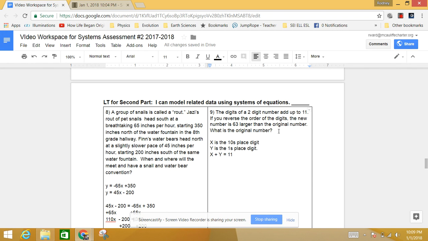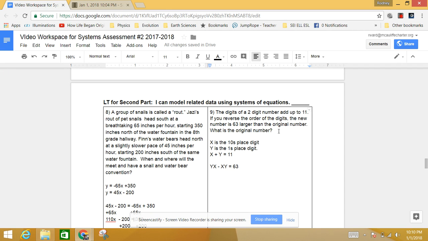Well, since the tens place is always going to be times 10, if we have the number xy, that's our original number, and we have yx, we're subtracting them, we get 63. We can't say yx and xy and have it actually make any sense.